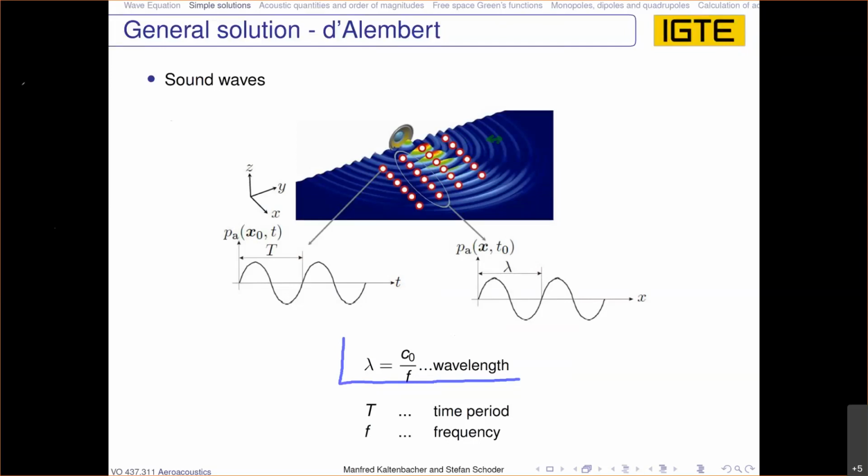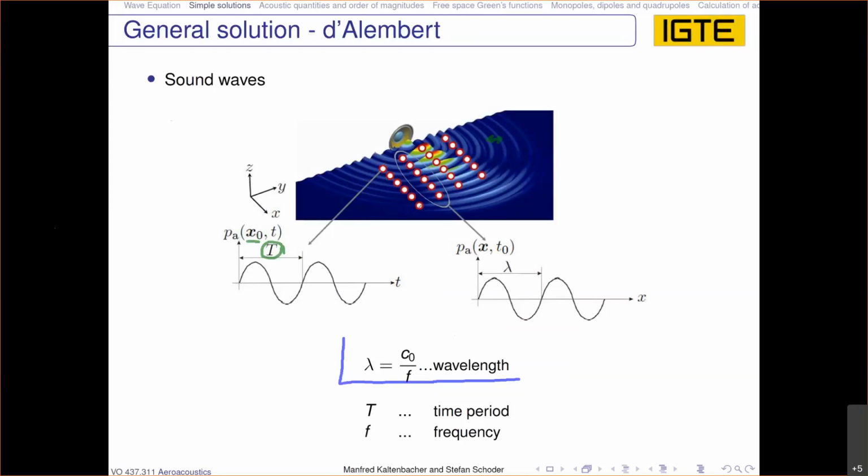Okay, so we drive our loudspeaker by a fixed frequency, and we know 1 over the time period is exactly this frequency. And if you have here a microphone and you look at the recorded signal, it will look like a sine or cosine signal for the acoustic pressure, and that is important, at a fixed position.